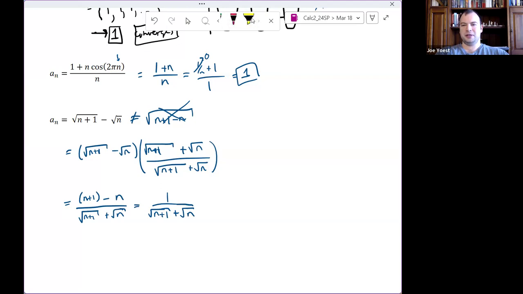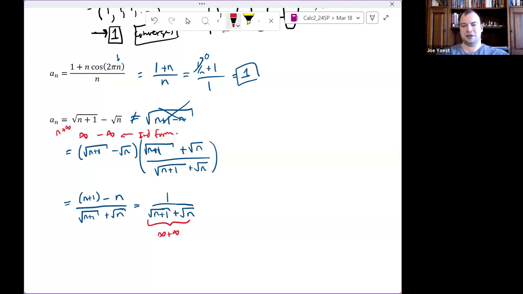I get something pretty similar to what I started with, but it's in the bottom now. But there's one other really important note. As n goes to infinity, this goes to something like infinity minus infinity. That's an indeterminate form. That could be plus infinity, it could be minus infinity, it could be something in between. But here in my denominator, I have an infinity plus infinity.